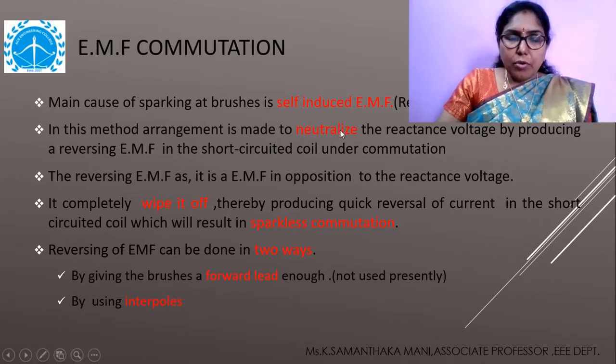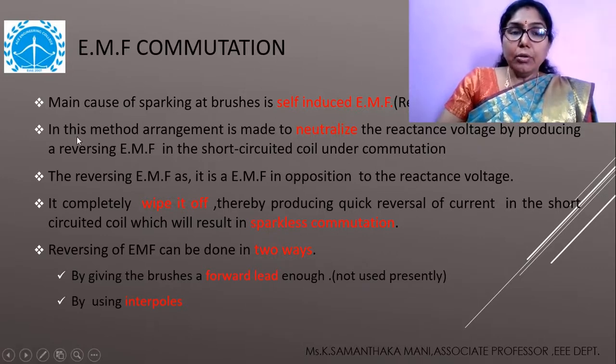The term used is reversing EMF, the EMF opposite to the reactance voltage. Let us consider an example. 20 volts is induced as a self-induced EMF in the coil during commutation. If we can produce the same 20 volts in the opposite direction, these two get nullified. So it is completely wiped out, producing a quick reversal of current in the short circuited coil, which results in sparkless commutation, which is required for us, right?